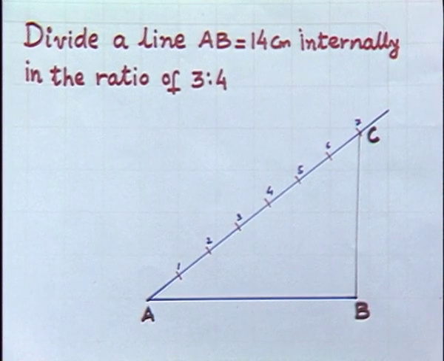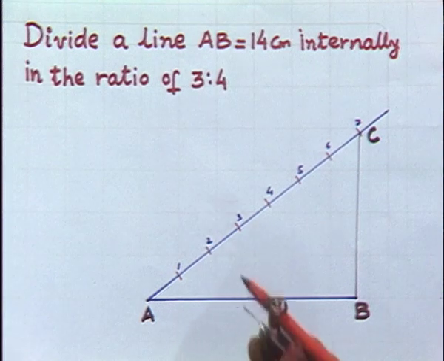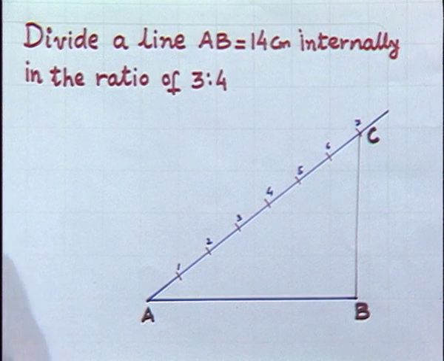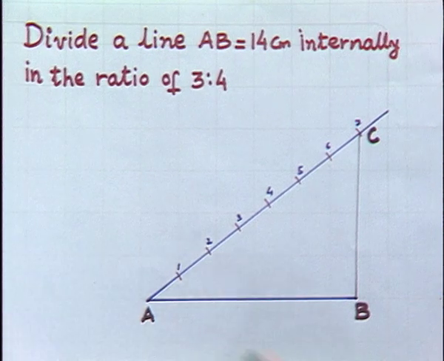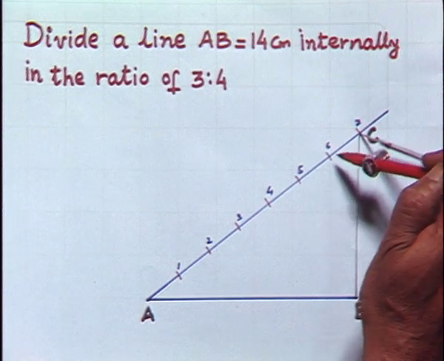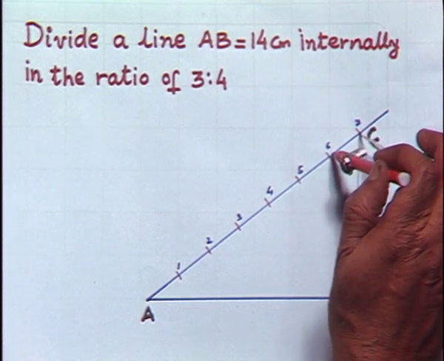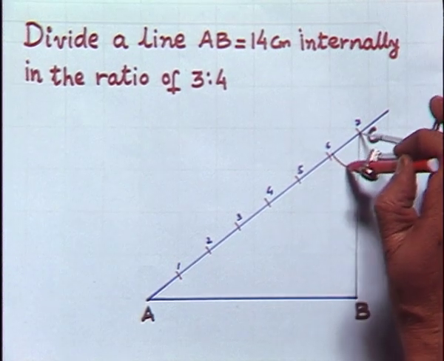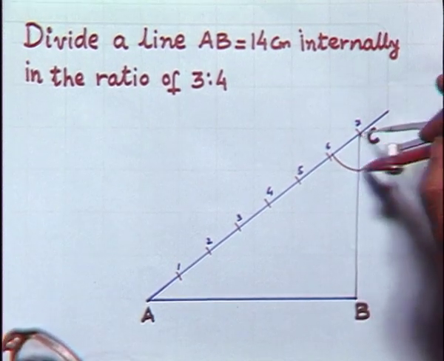After that, we will have to draw a line parallel to BC at this point. To do that, we will use the concept of parallel lines, that is, the lines are parallel if the corresponding angles are equal. So, for that purpose we will make an angle at number 3 equal to the angle over here.